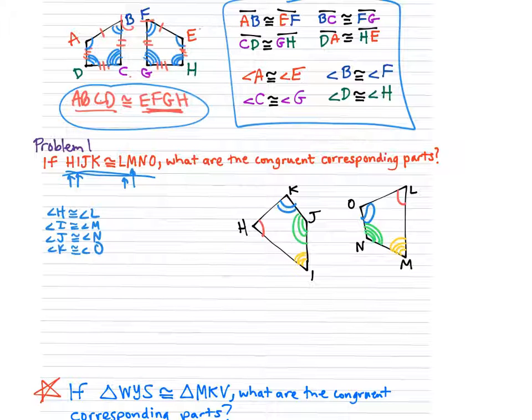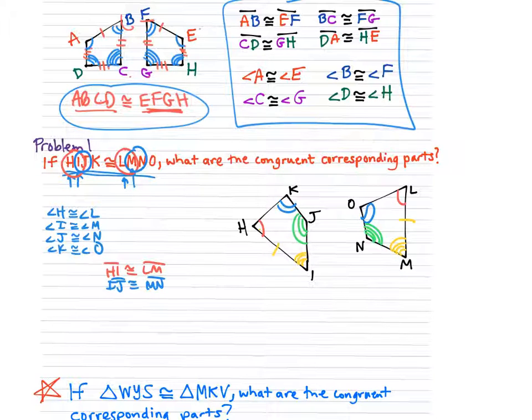Then the sides. HI, red and yellow, red and yellow. So we can write that HI, that side, is going to be congruent to LM. And if you look up here, HI is written first, LM is written first. Then you can do that too with IJ and MN.